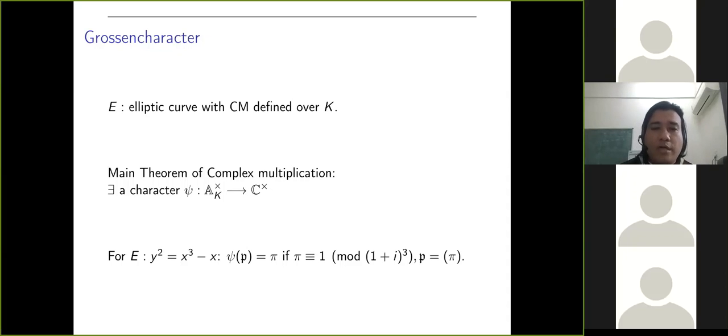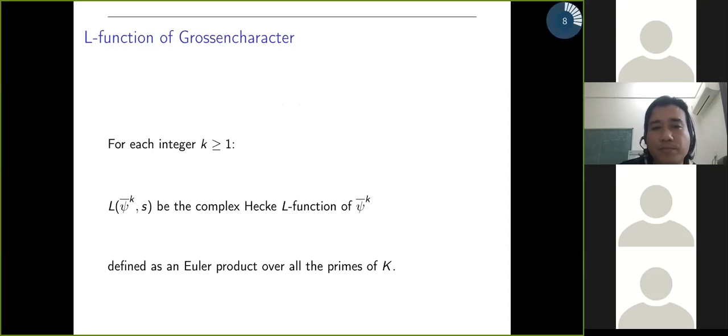So actually, this psi factors through k star. These things are all well known. Once I have this Grossencharacter, since it evaluates in the set of complex numbers, I can look at psi bar, which is the complex conjugate of the values of psi.